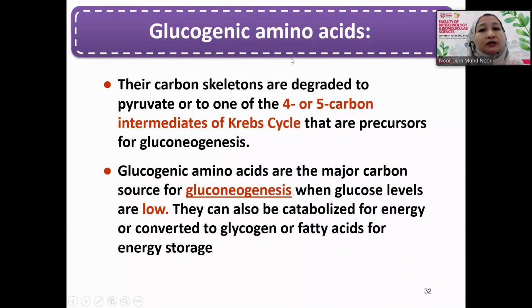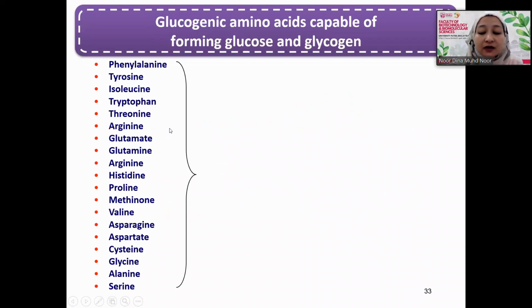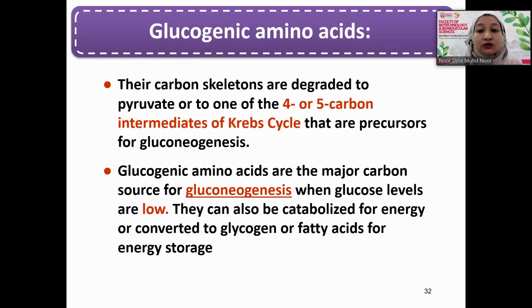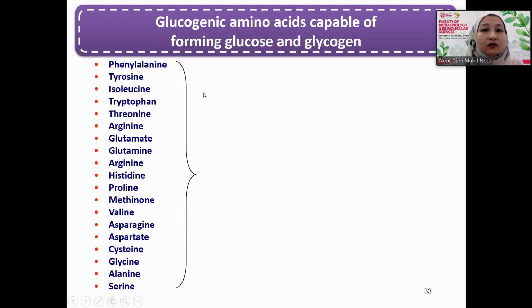Most of these carbon skeletons are going to be degraded into pyruvate or another 5 carbon intermediate of the citric acid cycle, so this can be a precursor for gluconeogenesis. In the case of glucogenic amino acids, they are mainly involved in gluconeogenesis.